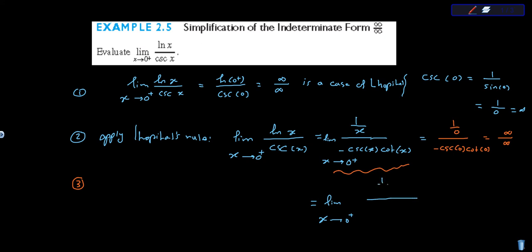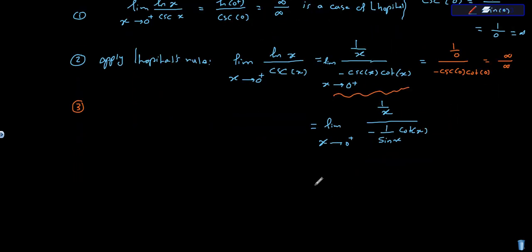Maybe we can write it like this: 1 over x, over minus csc x times cot x. You can rewrite this in another form.